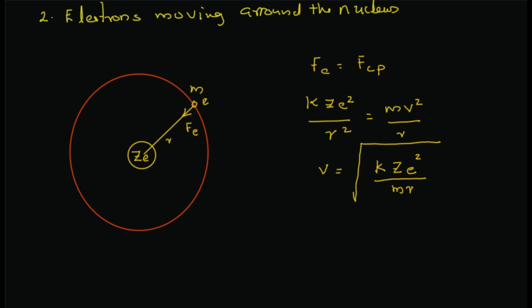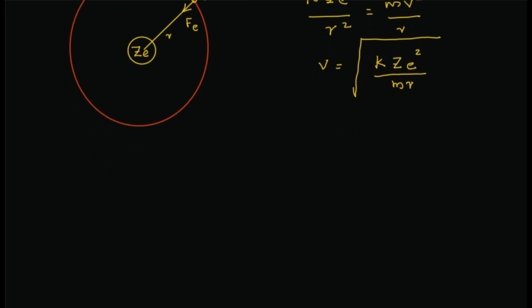These are two typical cases where we can apply the centripetal force to get the equations of motion of either the planets or the electrons moving around a circular path.